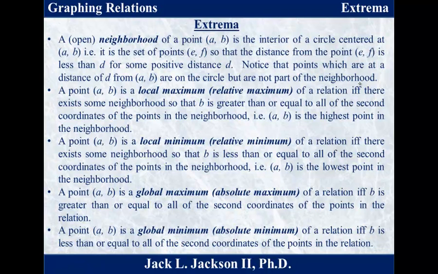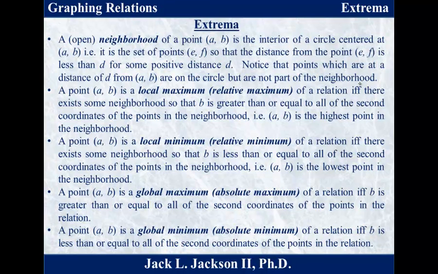Okay, next we're going to define what's called a neighborhood, or an open neighborhood, of a point. So we take an ordered pair (a, b). If you draw a circle around it, the interior of that circle, centered at the point (a, b), is called a neighborhood. So it's a set of points such that the distance from those points to the center point (a, b) is less than some distance d, which is the radius of the circle.